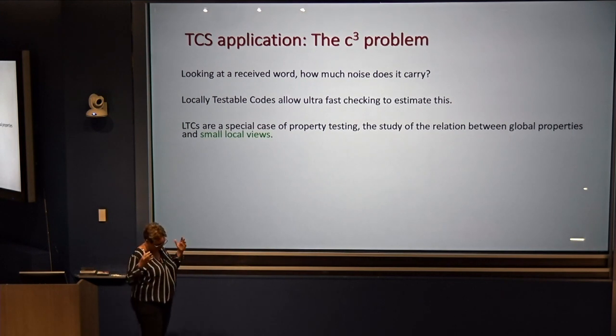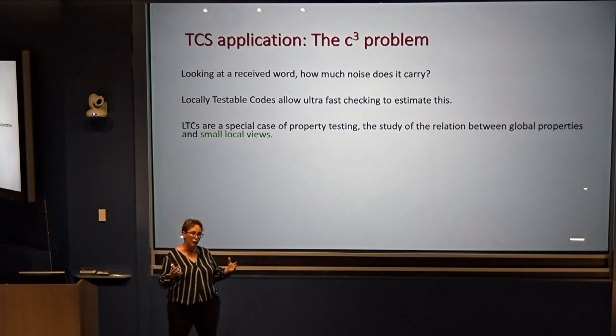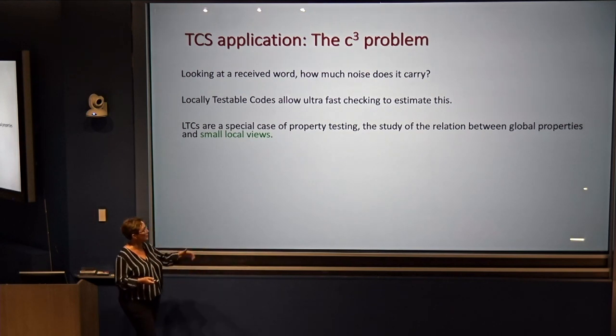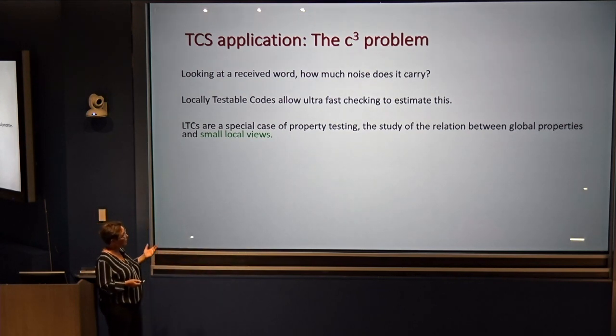Property testing in general cares about the relationship between a global property, global objects, and how they look from local views. And this is the theme that's repeating again and again in this conference and also in the examples that I'm looking at.